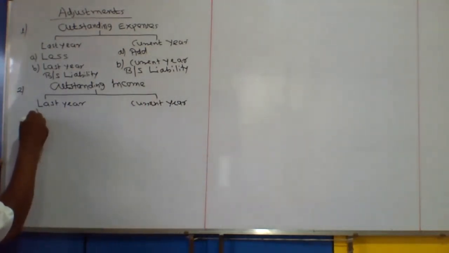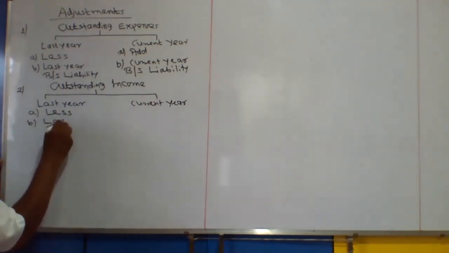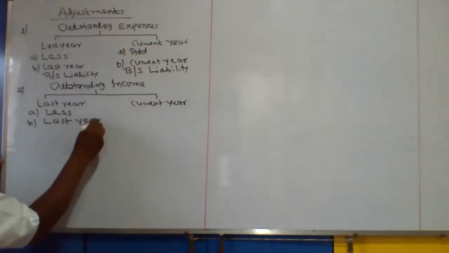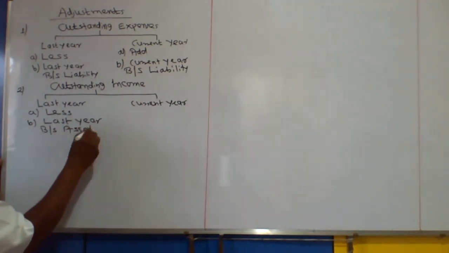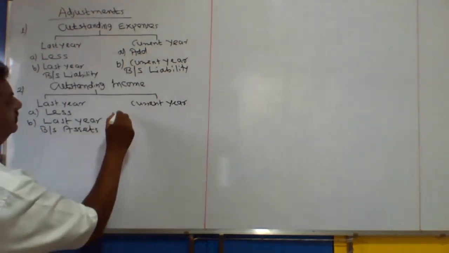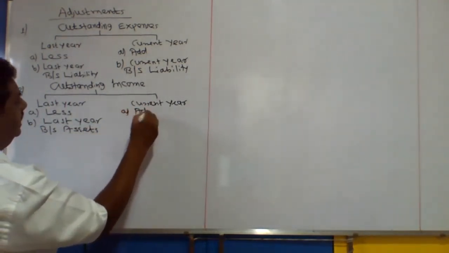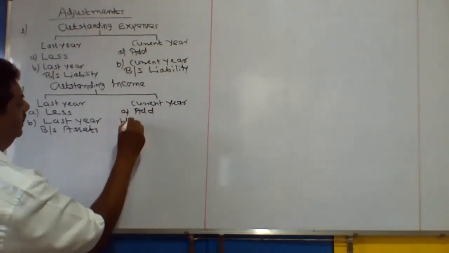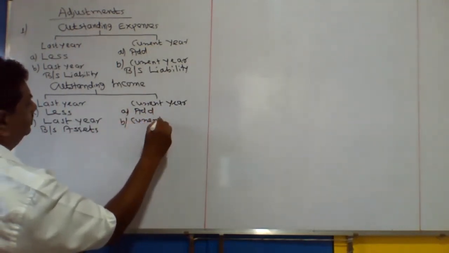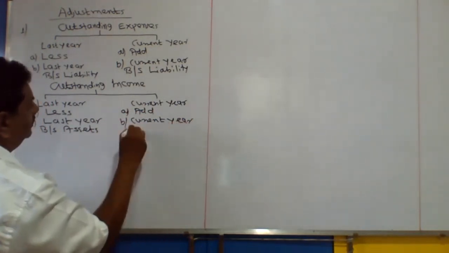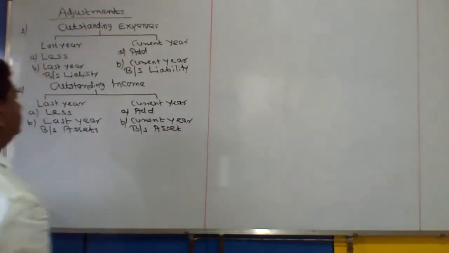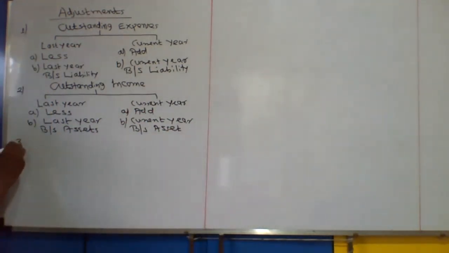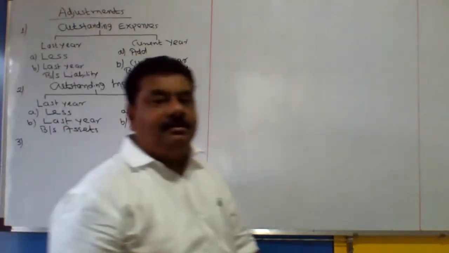Now last year, again less, and last year balance sheet asset. Outstanding incomes are assets. Outstanding expenses are liabilities. While current year add, and current year balance sheet assets. Like this.